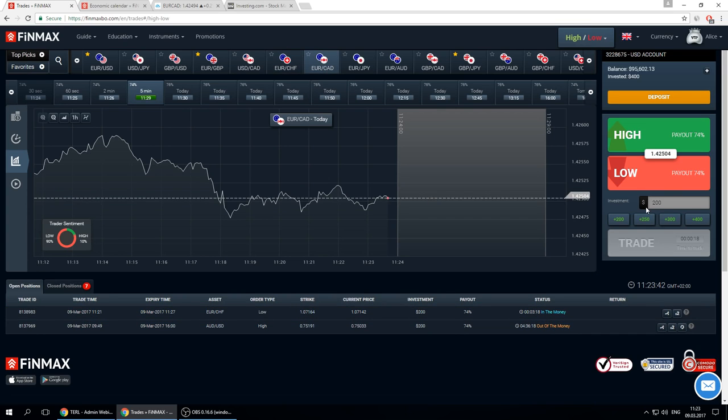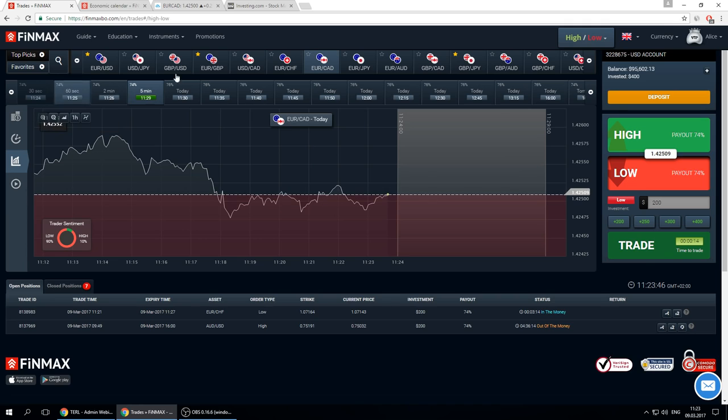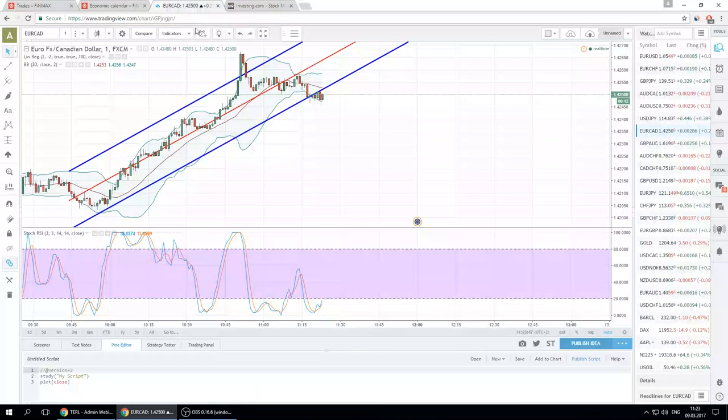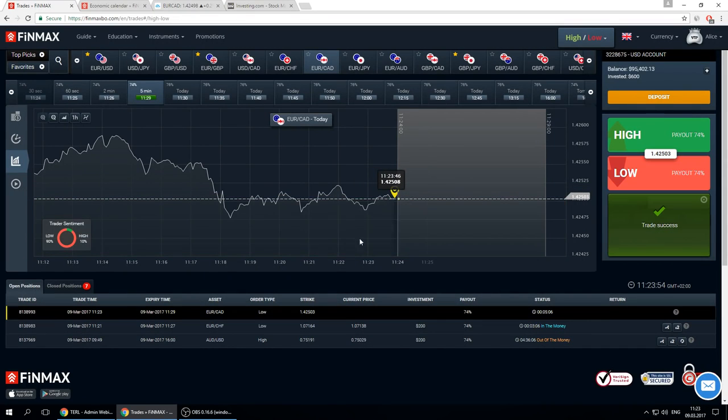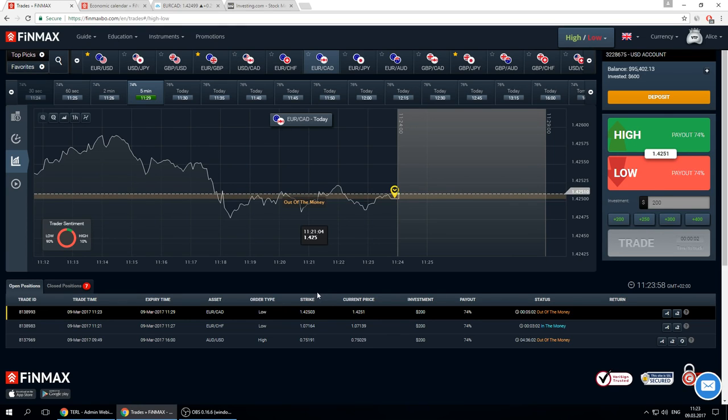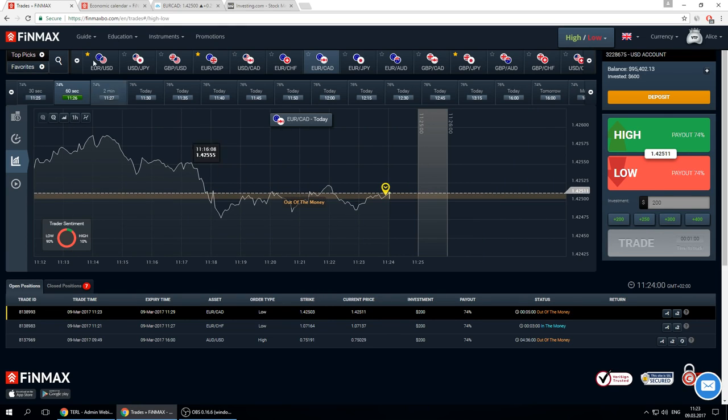So euro Canadian shows basically the same. Let's check if it's suitable to open for 5 minutes. Yep. Okay, so that's our trade number 9 for today.